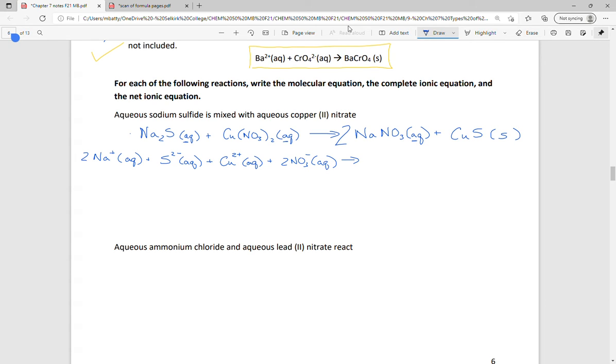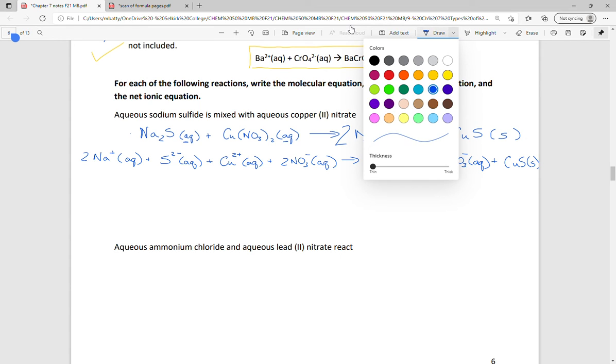Then I'm going to have 2 sodiums as a product in solution, and 2 nitrates in solution. I've been blowing the aqueous ones apart into their component ions. The last one is a solid, so it doesn't dissolve and it doesn't dissociate. I would simply leave it like that. That is your molecular equation and your complete ionic equation.